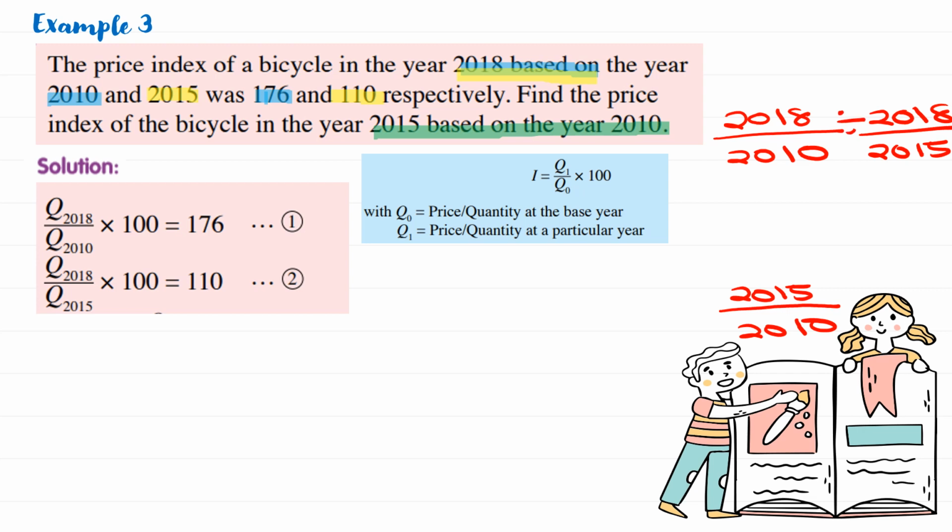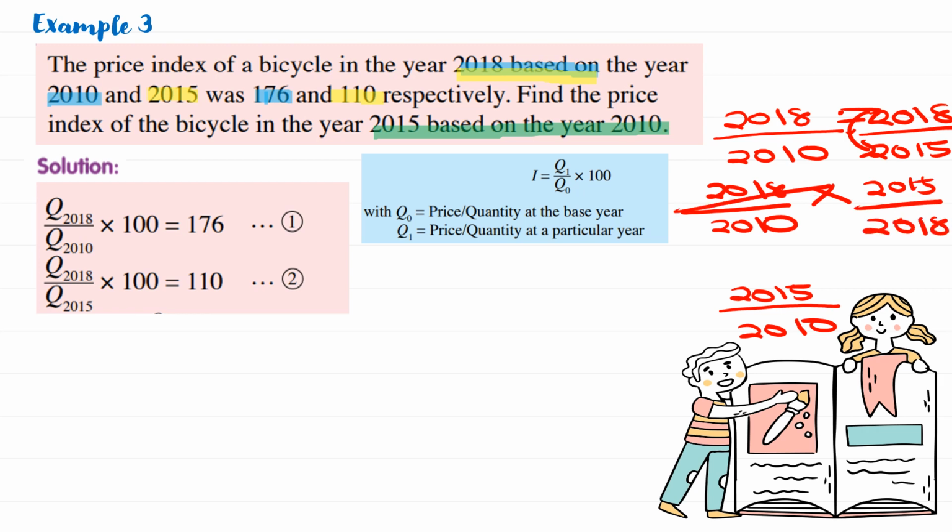If you divide 2018 based on 2010 by 2018 based on 2015, division changes into multiplication, so these two change position: 2015 over 2018.